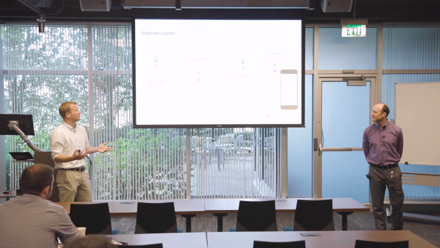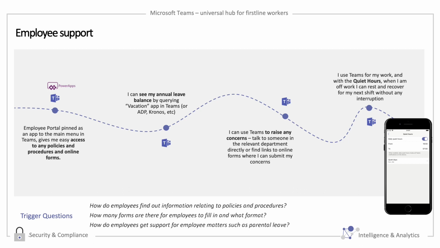Here's general employee support. So seeing my leave, which you saw me demo, getting access to those policies again, raising concerns. There might be a venue to make that accessible. And then setting your quiet hours. That's huge, and just making sure people know when you are and aren't available. And that quiet hours is also about just letting that person unplug.